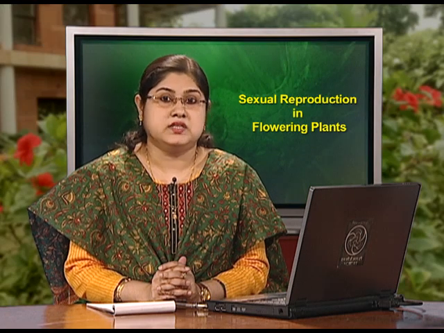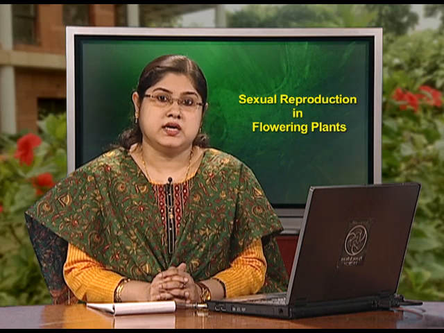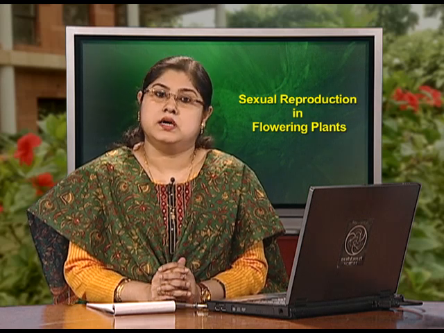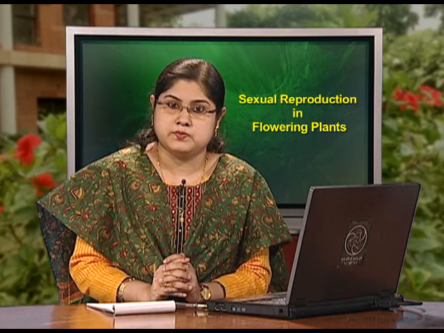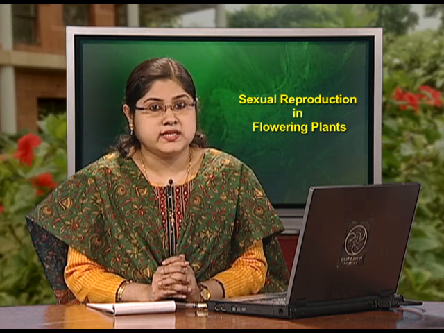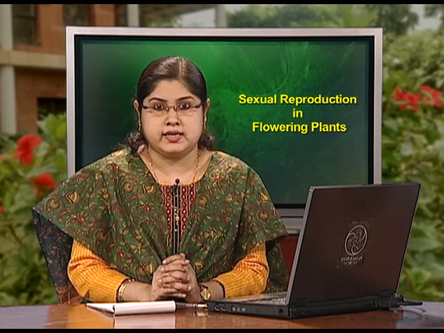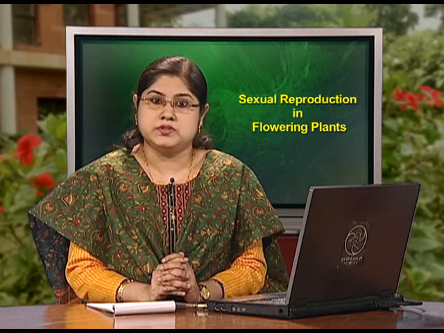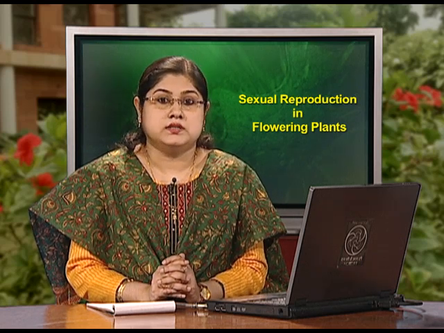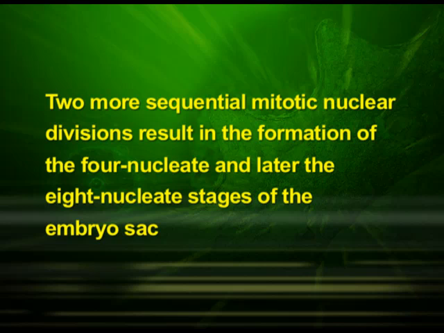Let us study the formation of the embryo sac in a little more detail. The nucleus of the functional megaspore divides mitotically to form 2 nuclei which move to the opposite poles, forming the 2 nucleate embryo sac. 2 more sequential mitotic nuclear divisions result in the formation of 4 nucleate and later the 8 nucleate stages of the embryo sac.